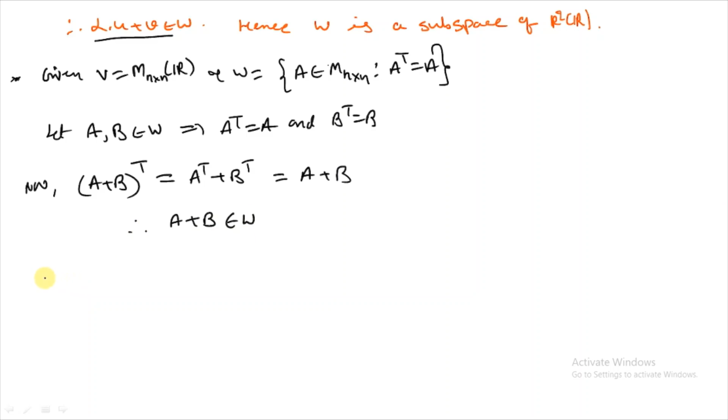Now scalar multiplication. Take alpha belonging to the field R. Consider (alpha A) transpose. Alpha is a scalar, and the transpose of a number is the number itself. So (alpha A) transpose is alpha A transpose, but A transpose is the same as A. So (alpha A) transpose is the same as alpha A. Therefore alpha A belongs to W. It satisfies both vector addition and scalar multiplication.